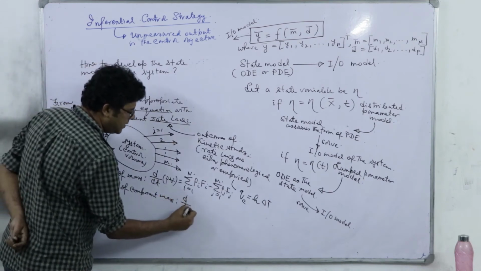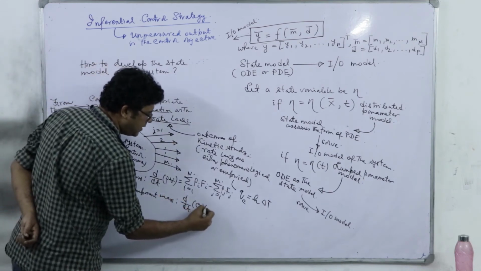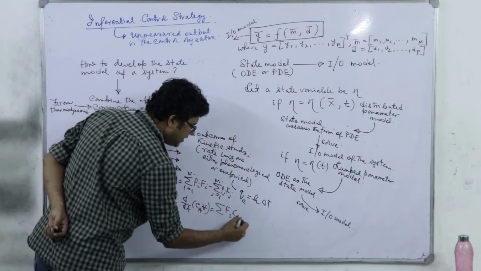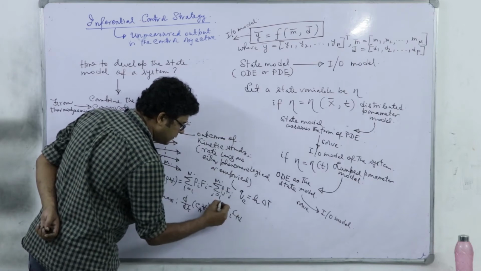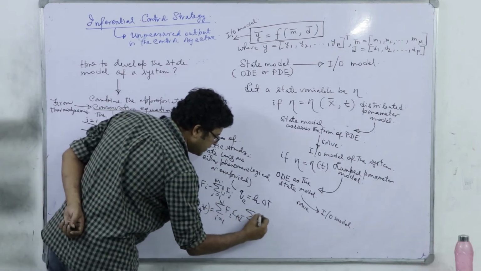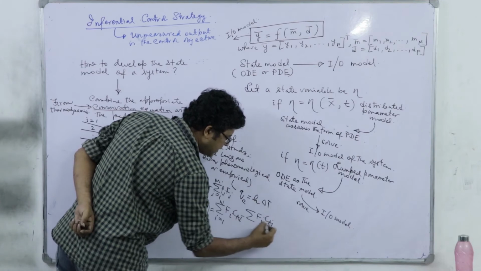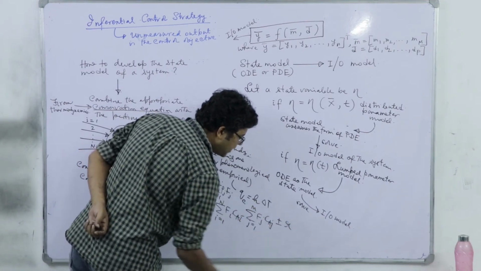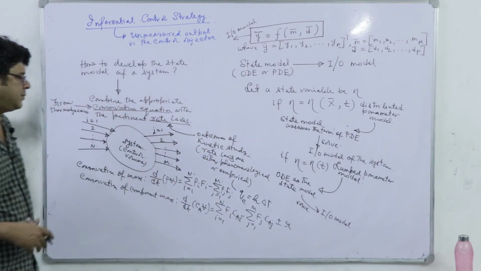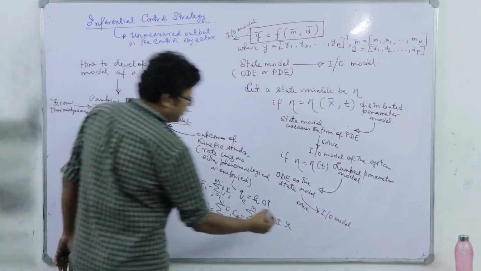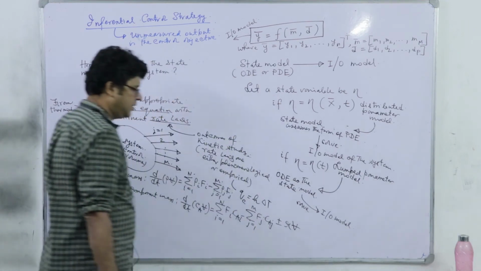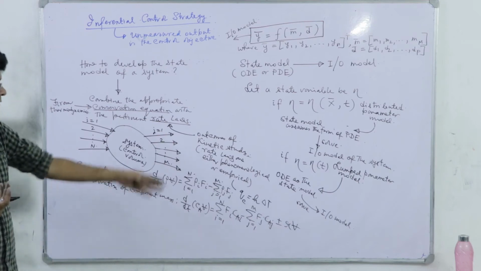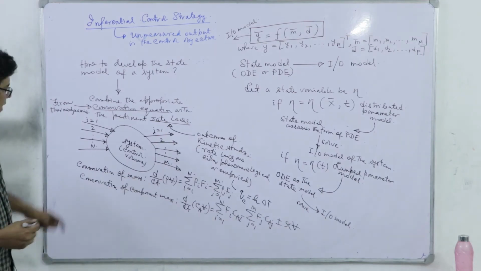So, d/dt of Ca into V is equal to F_i Ca_i, F is the volume flow rate, minus F_j Ca_j, j equal to 1 to m, plus or minus R into V. R is the reaction rate, it may be a generation, so R is the specific reaction rate. It may be a generation rate, it may be a consumption rate. So, based on that we have to choose the plus or minus.